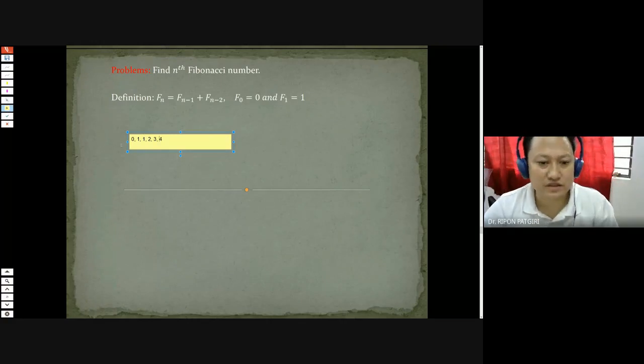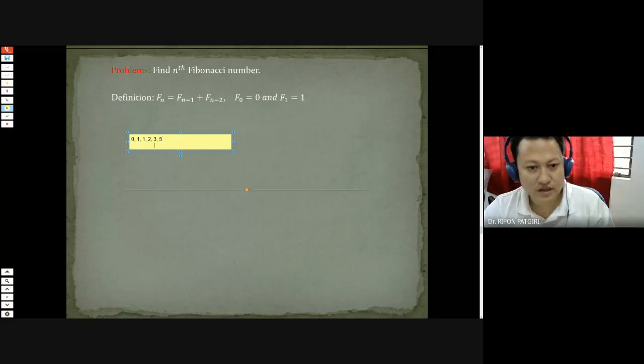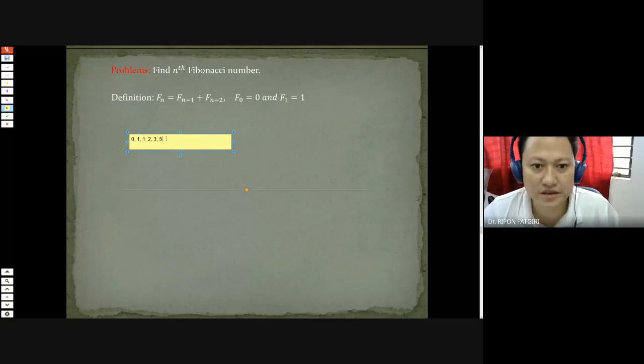This is the simple definition. 0, 1, 1, 2, 3, 5, and the next Fibonacci number would be 3 plus 5 is equal to 8.